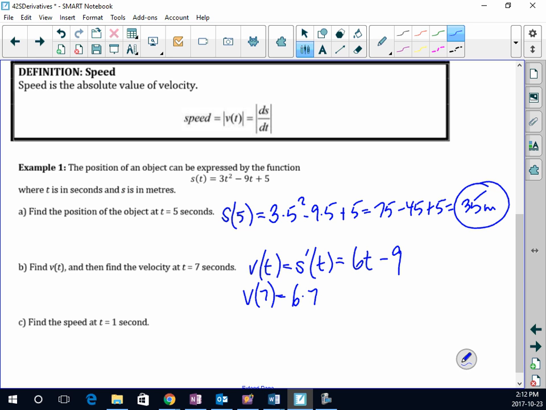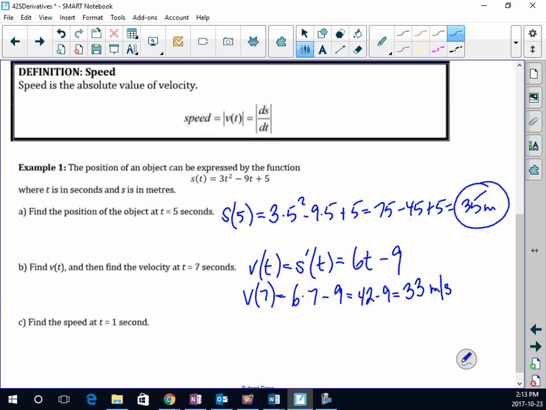So that would be 6 times 7 minus 9, which is 42 minus 9, which is 33. Yes? And what is that going to be? Meters per second.